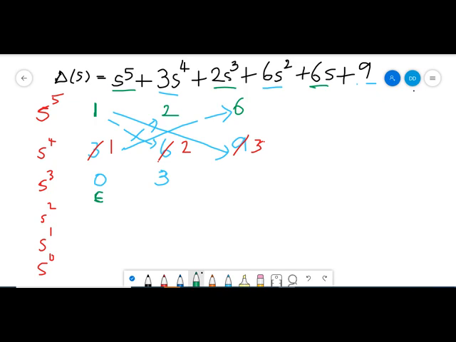So our new elements of the row s to the power 3 are epsilon and 3. With this epsilon and 3 we have to construct the next row elements.